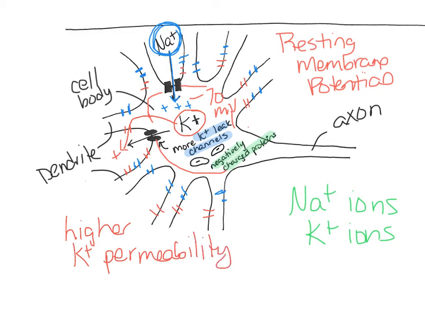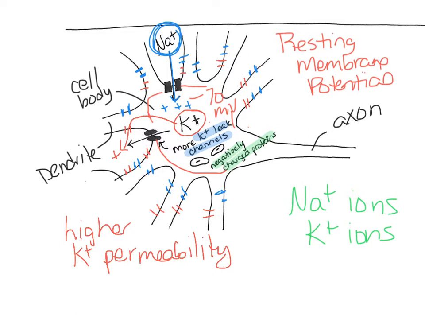Right, so let's think about that. Potassium has a positive charge. As potassium moves out of the cell, what is it doing to the charge inside the cell? It's making it more negative because it's carrying a positive charge out. There's more potassium leak channels than there are sodium channels.